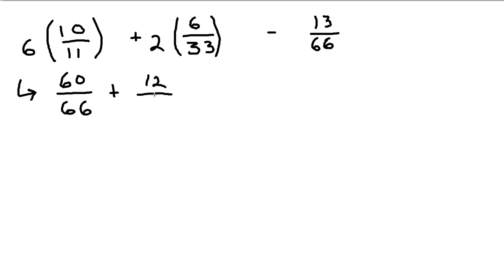And then 2 times 33 is 66. And then we can just go ahead and carry the 13 over 66. We can just bring that right down. That is a huge subtraction sign. Getting kind of heavy-handed with these bars. Here we go.